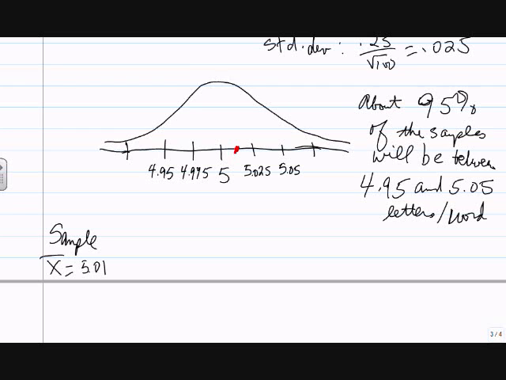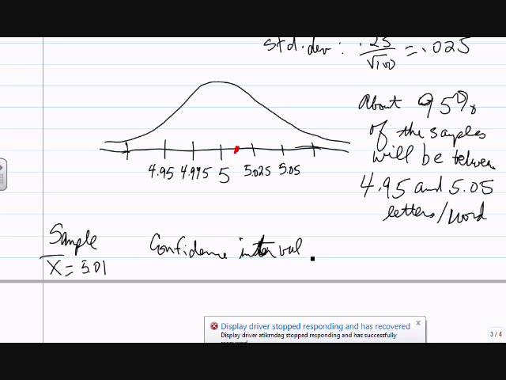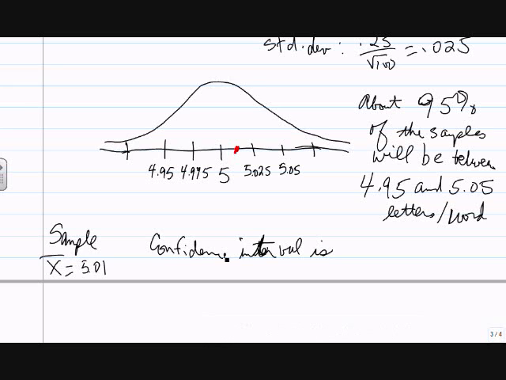So my interval, called my confidence interval, is going to be 2 standard deviations above and below my sample. There we go.